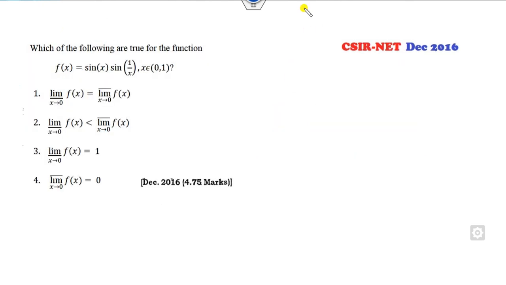Okay, which of the following are true for the function? Very simple. We can take the limit as x approaches 0 of f(x). So sine of x is 0, into this other factor, which is a bounded function. So when you take 0 into this, it is 0.